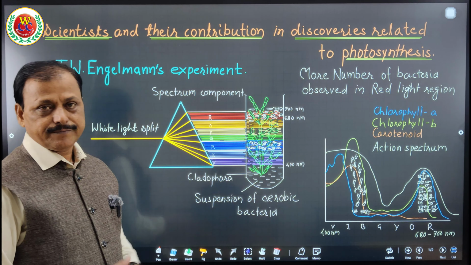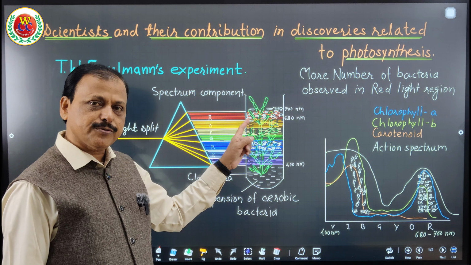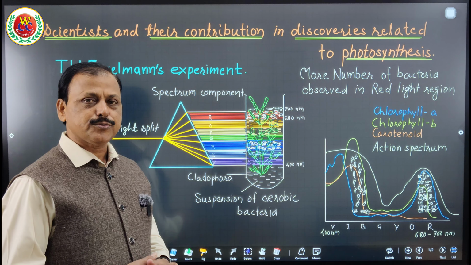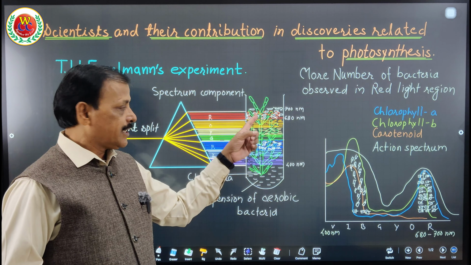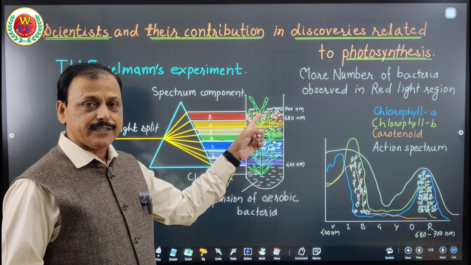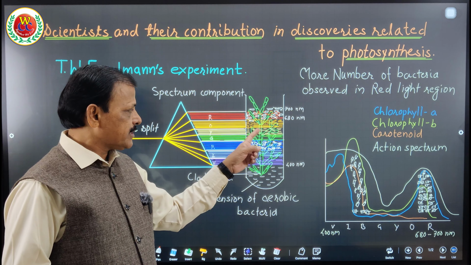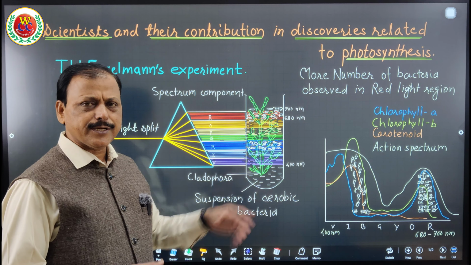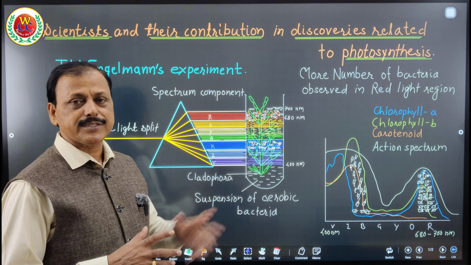Bacteria are aerobic. When the Cladophora was continuously illuminated for 1 to 2 hours, he found that after some time the bacteria accumulated in 2 regions, the red region and the blue region. There were only 1 or 2 or a few bacteria in the other regions, but there was a greater quantity in the red and blue regions.